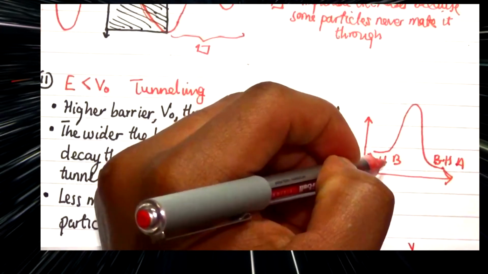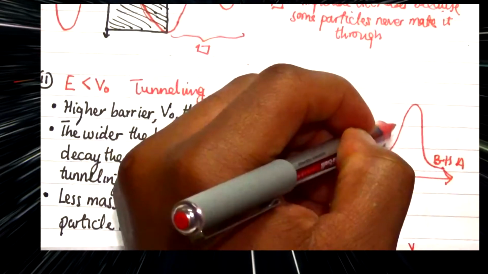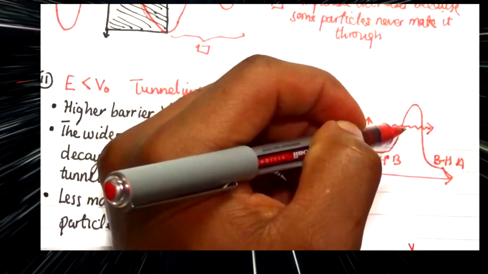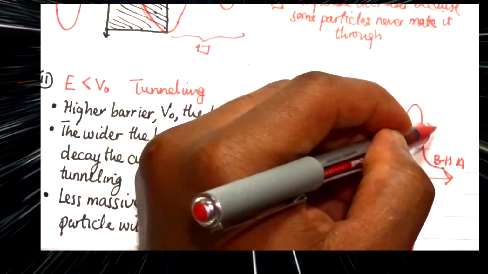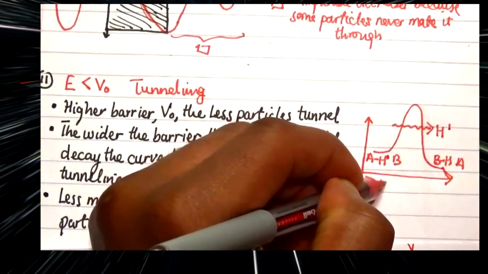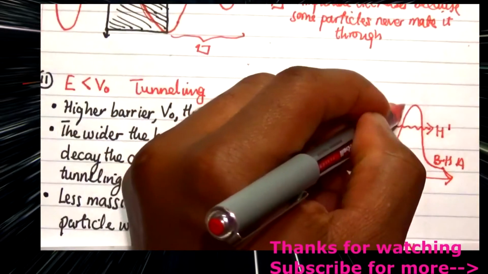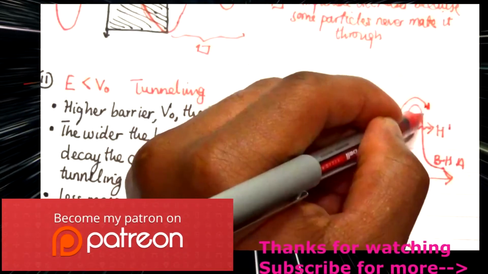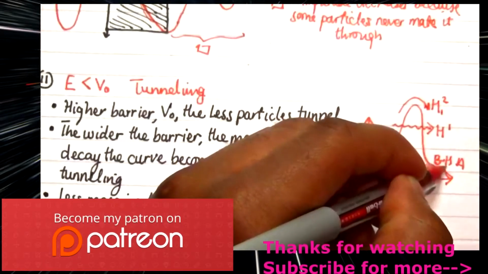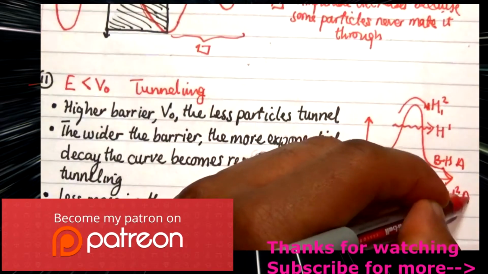In the first part, if we have hydrogen 1, then hydrogen 1 will tunnel through, thereby increasing the rate of reaction for hydrogen 1. However, if we have hydrogen 2, which is deuterium, then it will rather overcome this barrier in order to make it to its product.